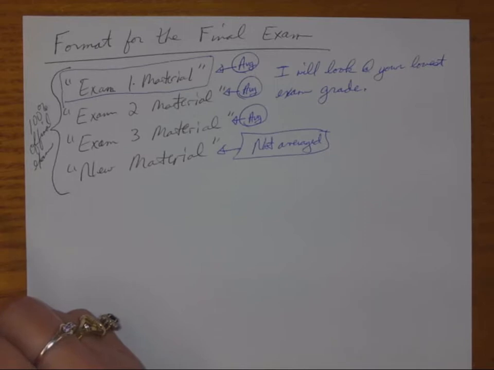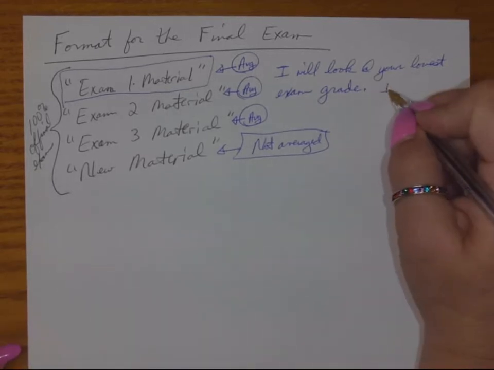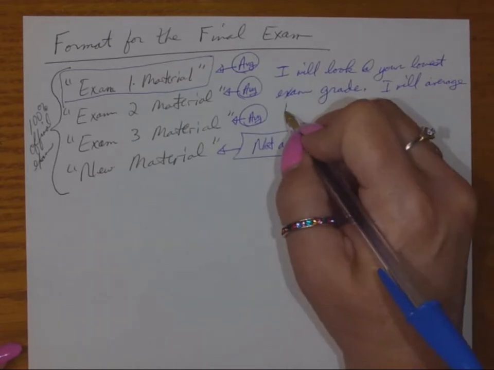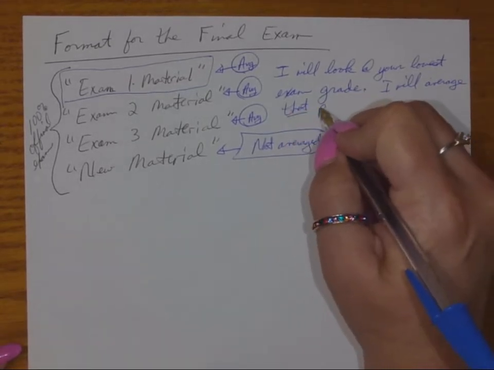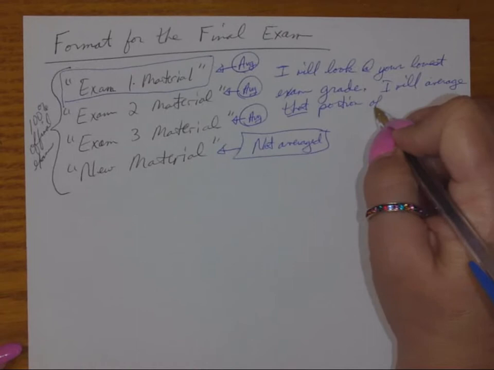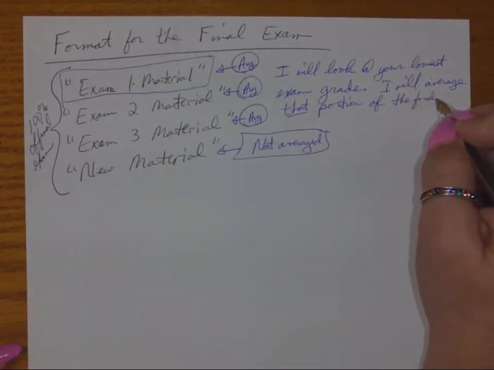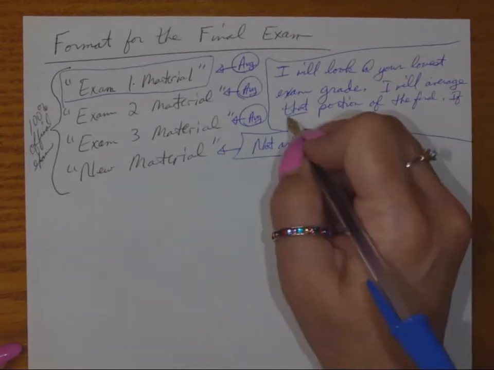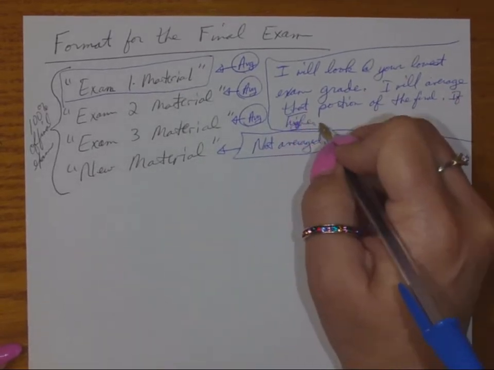If you have a 0 there, then I will average that portion of your grade, that portion of the final. And if it's higher, I will replace your lower test.